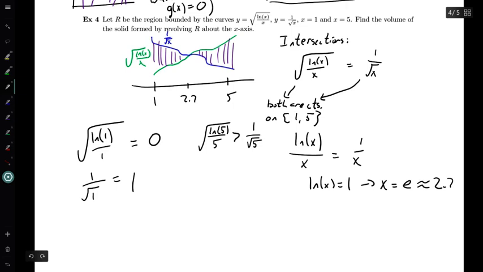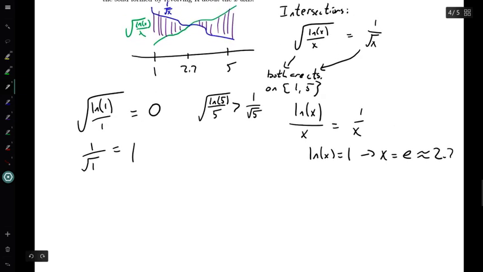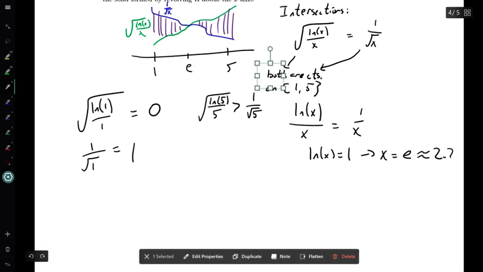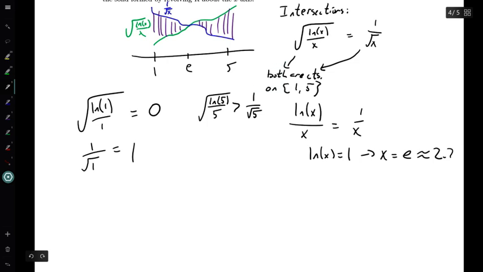And so to compute the volume, we need to split this up into two different integrals, the integral from 1 to e and the integral from e to 5. So the integral from 1 to e for the volume of my solid, I want to take pi times the larger function squared minus the smaller function squared.